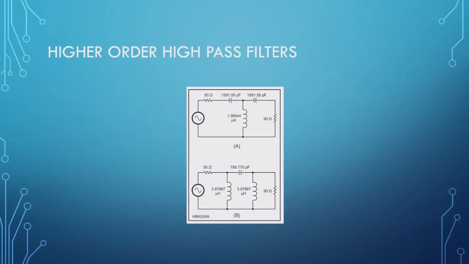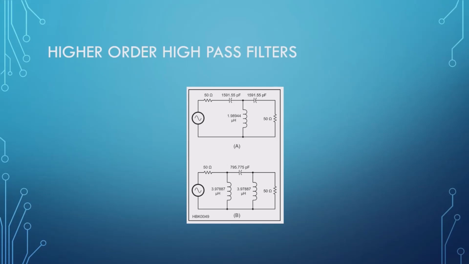And here are examples of higher order high pass filters, where, if you saw before, the capacitors were going from the signal to the ground, so they were shunting off the signal when we reached our cutoff frequency.